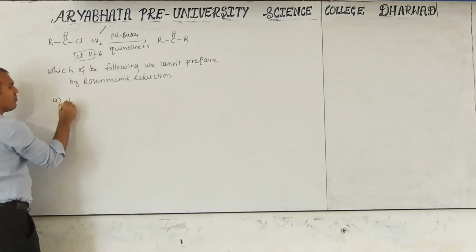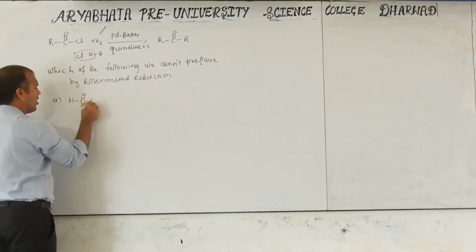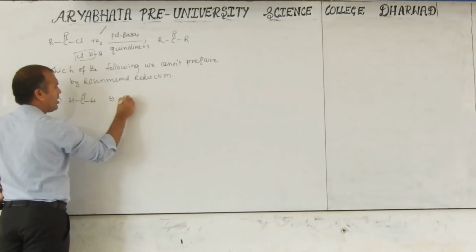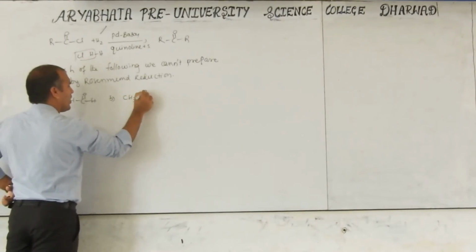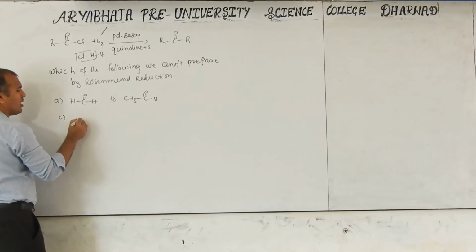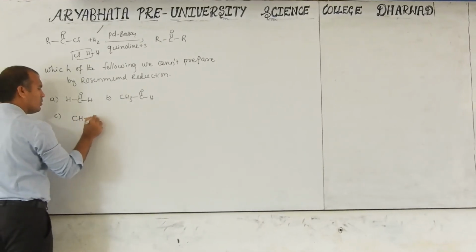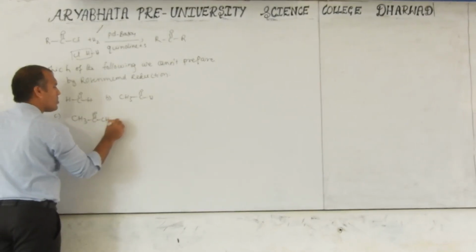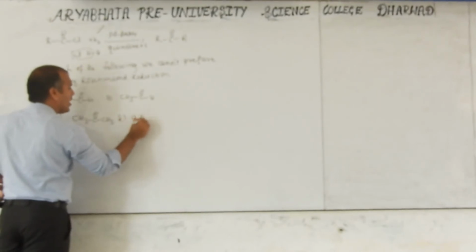Option A, formaldehyde, option B, acetaldehyde, option C, acetone, and option D, A and C.